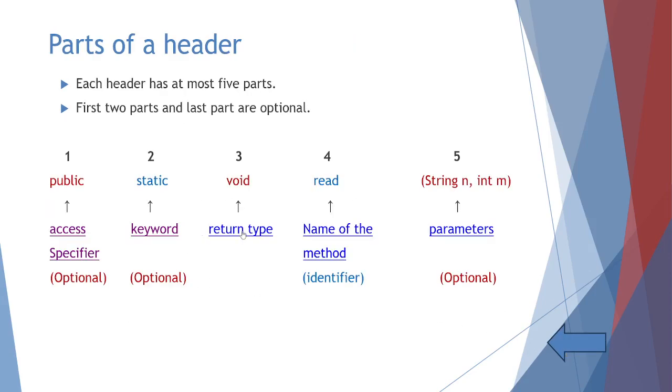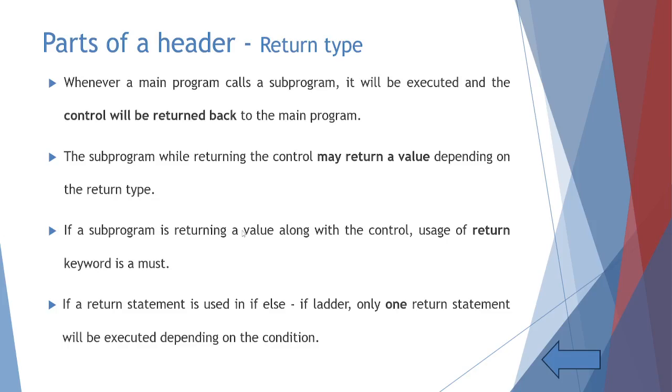Then return type we will understand in the next video, but a little bit about return type. Whenever a main program calls a subprogram, first of all, the subprogram will be executed and the control will be returned back to the main program. Now, the subprogram may return a value along with the control. It depends on the return type.